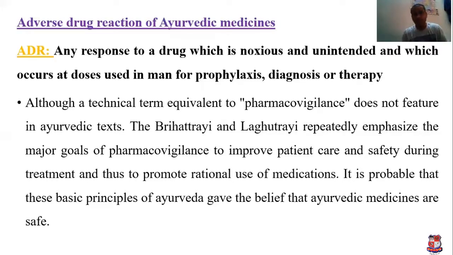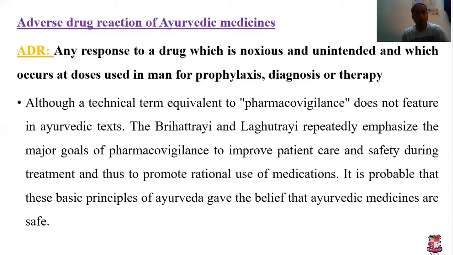So now we are going towards adverse drug reaction of Ayurvedic medicines. Generally people say that Ayurvedic medicines have no side effect, no toxic effect, that they are non-toxic. But nowadays herbal drugs are also producing some kinds of side effects, like a poisonous drug. Taking a proper dose is very important whenever you administer any kind of herbal drugs or Ayurvedic drugs.